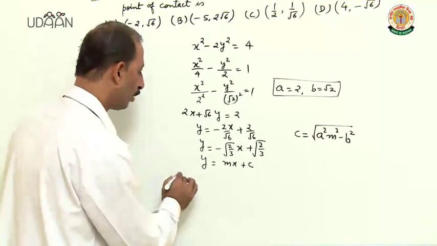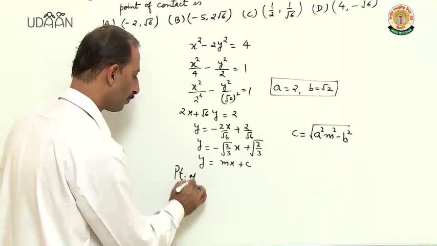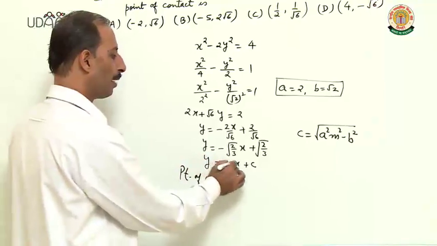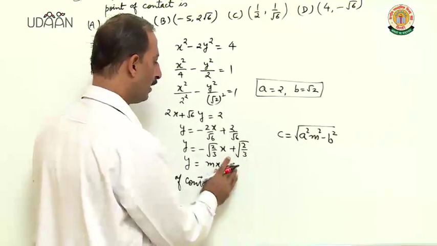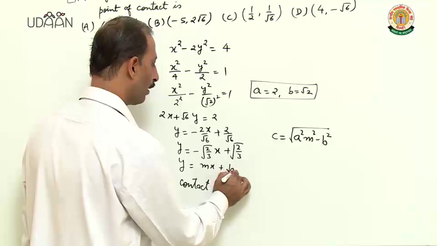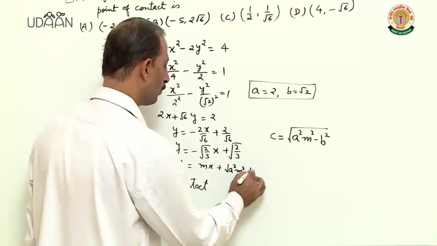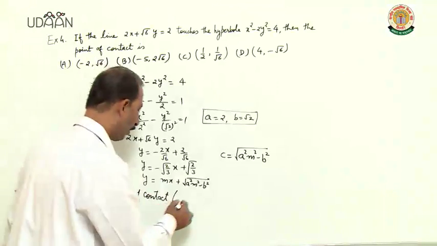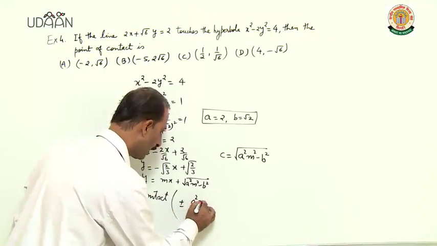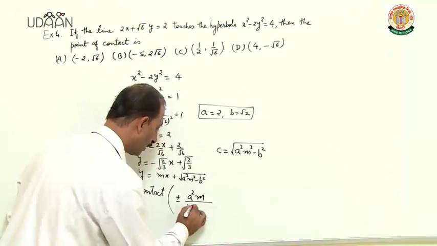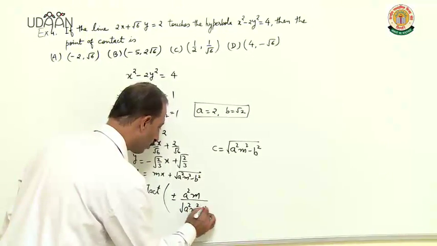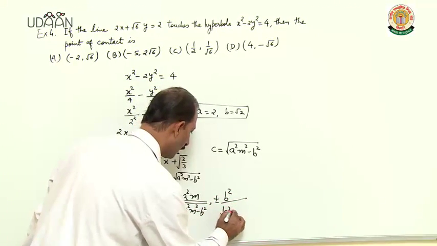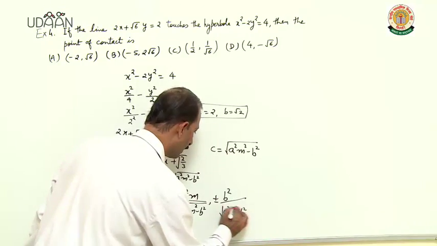Now the point of contact is given by: if y is equal to mx plus c, where c is root of a square m square minus b square, this is the equation of tangent, then the point of contact is plus minus a square m upon root a square m square minus b square, plus minus b square upon root a square m square minus b square.